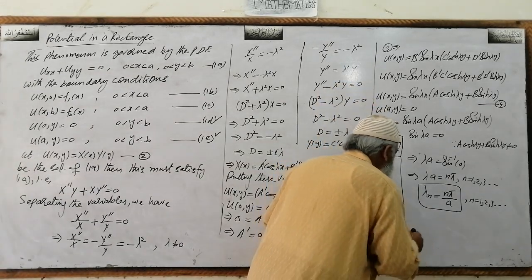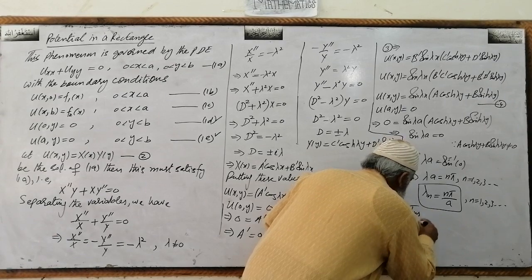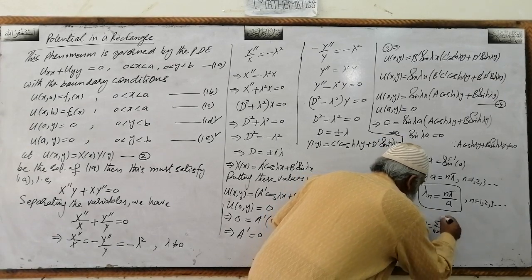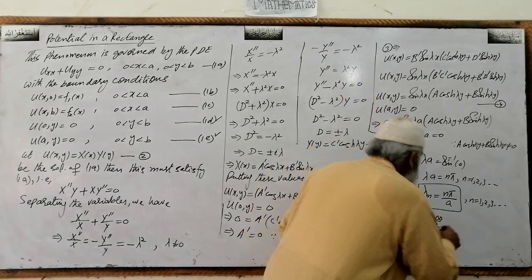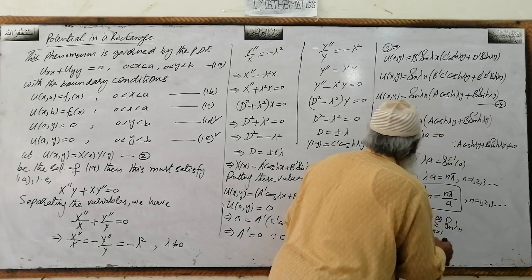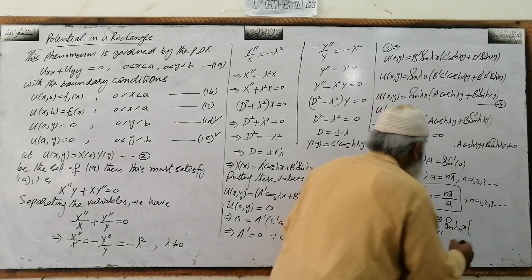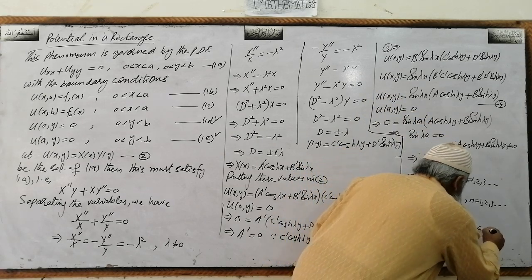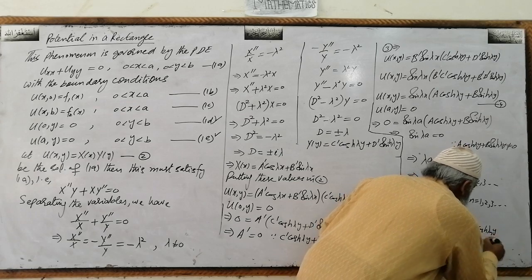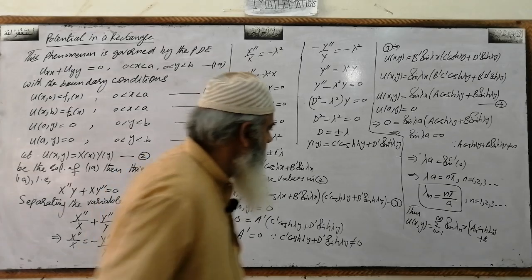Thus the complete solution is, which we say u(x,y) is equal to sigma n varies from 1 to infinity sine lambda n x into a_n cos hyperbolic lambda n y plus b_n. Let me write here.